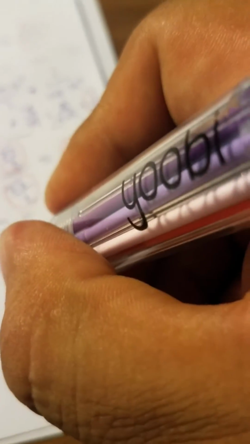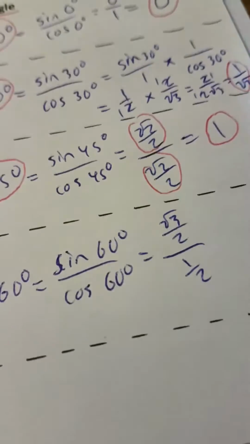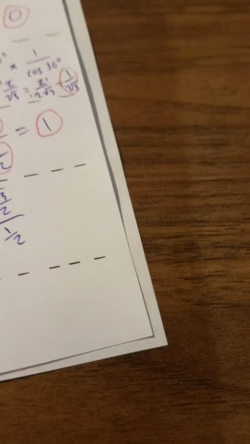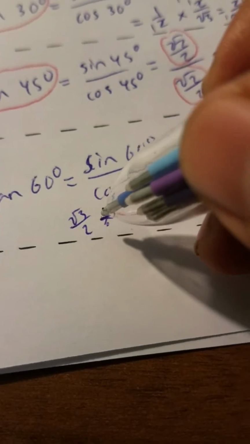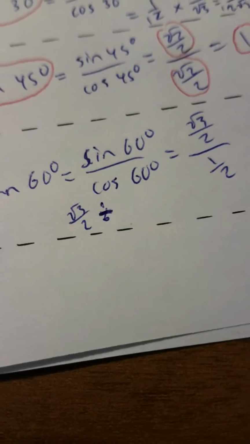So that's going to be the square root of 3 over 2 over 1/2. Now I want you to rewrite this with the division sign. Remember your rules of fractions. So that's the square root of 3 over 2 divided by 1/2.